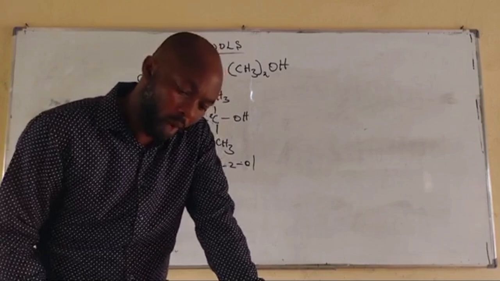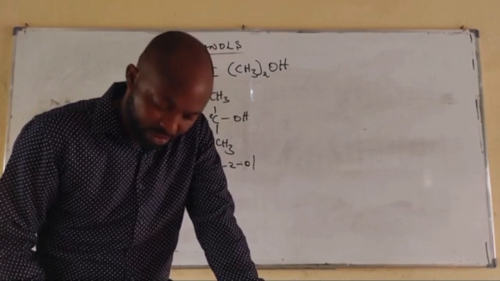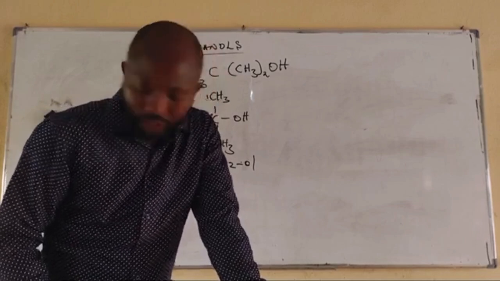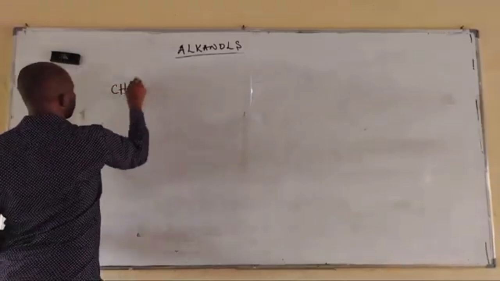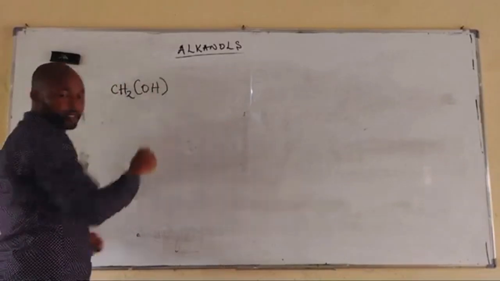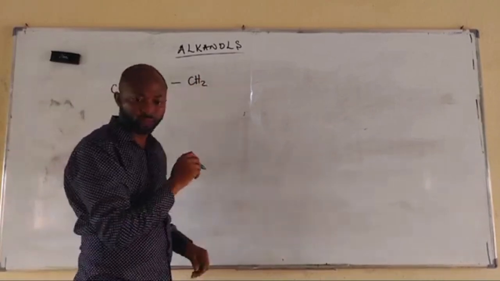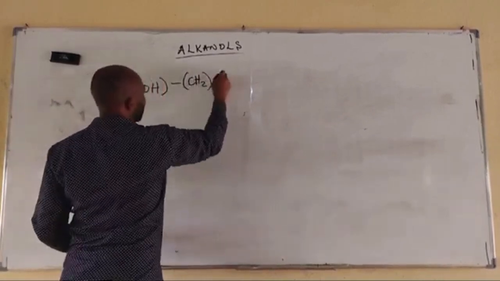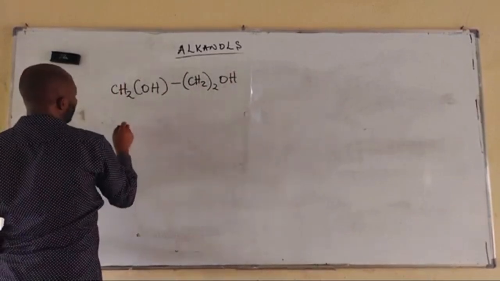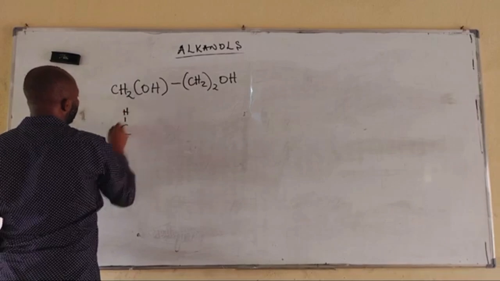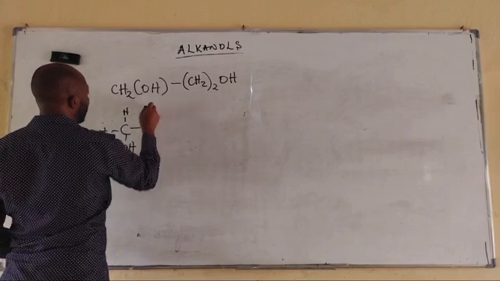Now let's write more, just a few more. Okay, let's take this. CH2, CH2. So here I have my C, which has 2 hydrogen and 1 OH, and another C that has 2 hydrogen.